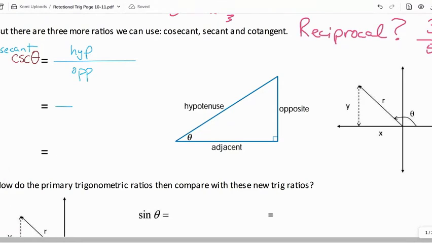Okay. The next ratio we've been working with is cosine. And cosine is adjacent over hypotenuse. So what's the reciprocal of that? Great. And this reciprocal ratio is called secant.